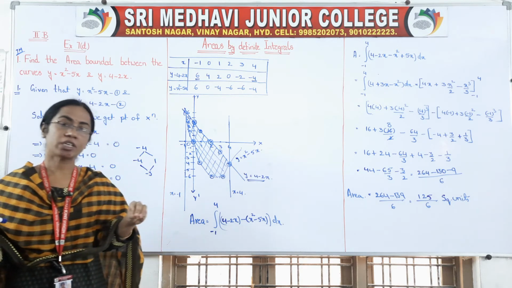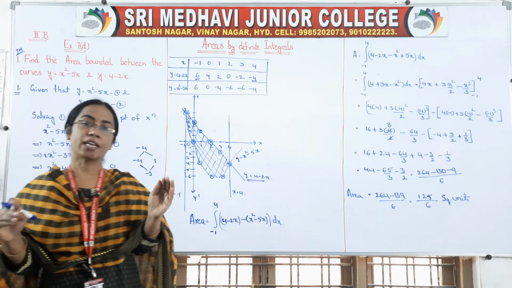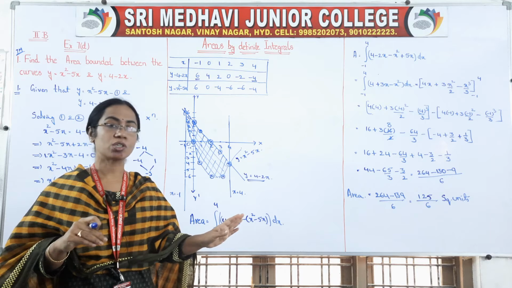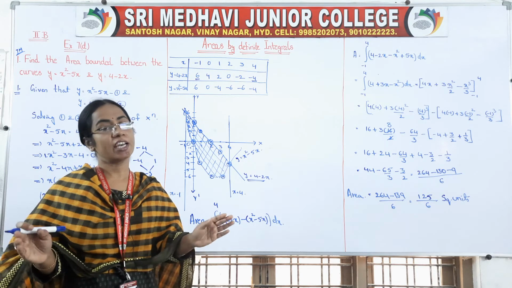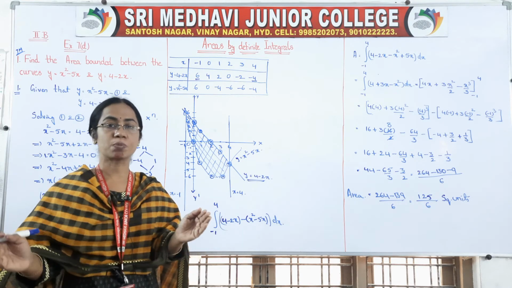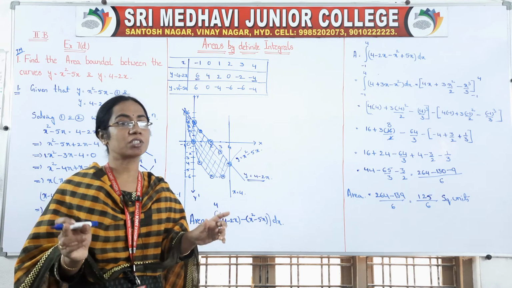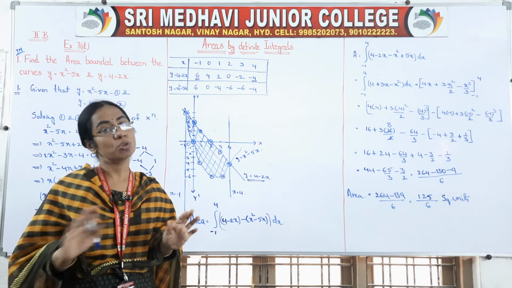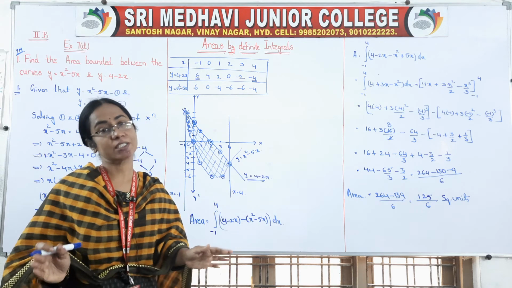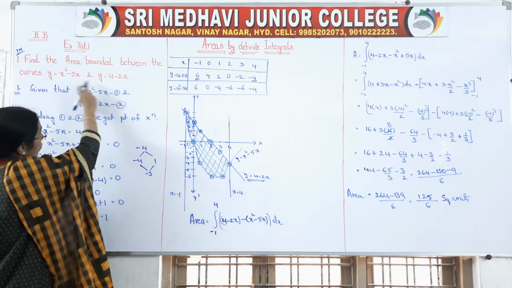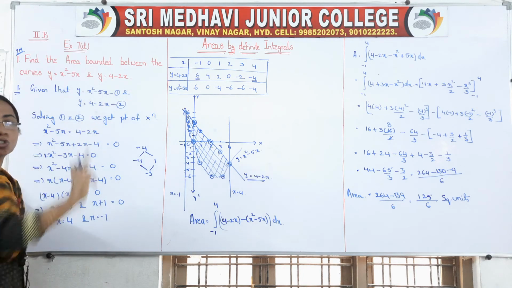Sometimes in the question they will directly give, find the area covered by this curve and x-axis from x is equal to 1 to x is equal to 5, from this point to this point. But sometimes they don't give the limits.